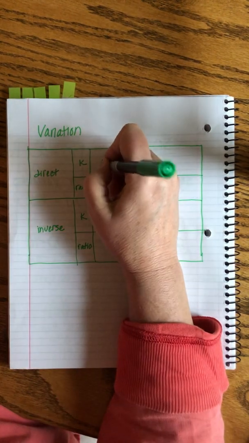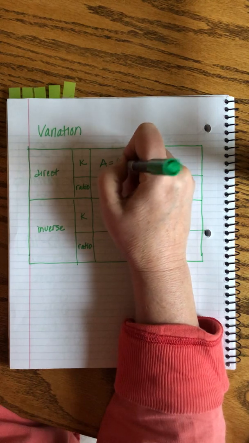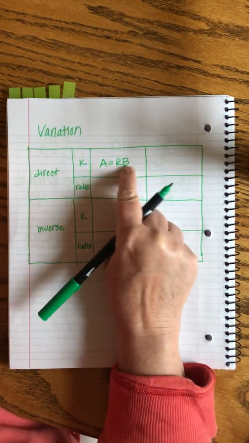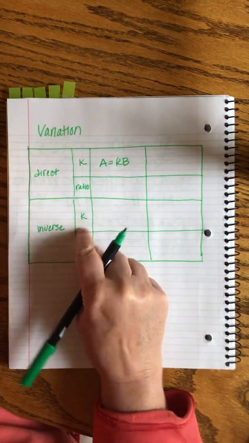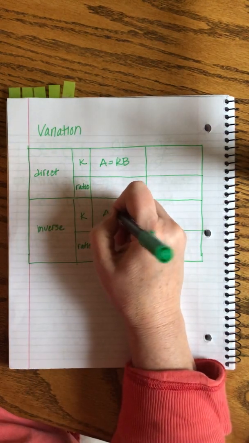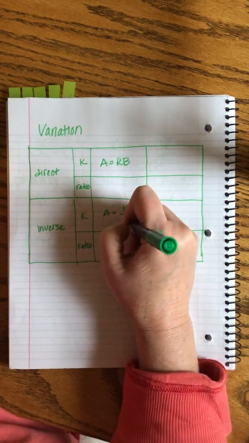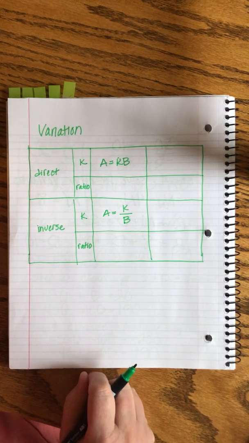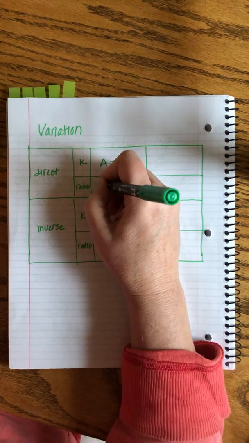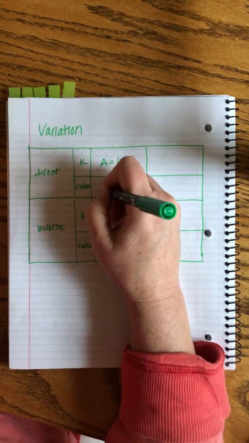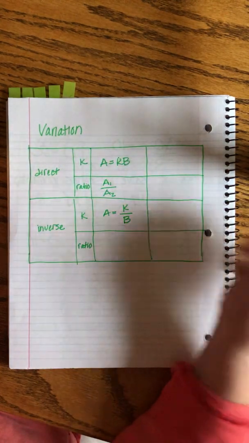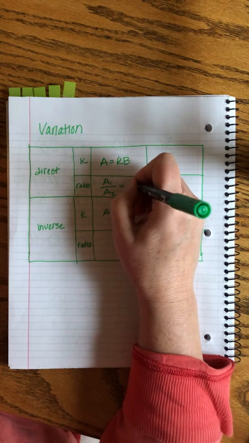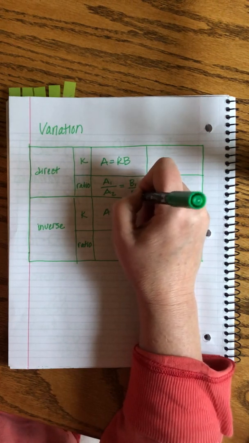What we learned is that with a direct variation, you can find a constant and it flows in that pattern. If it's an inverse variation, it looks like this, right? You make a fraction. Cool, right? Then we learned this whole ratio or proportion way of doing it. We take the beginning over the ending number of the same thing, and we compare that to the beginning over the ending of the other thing.